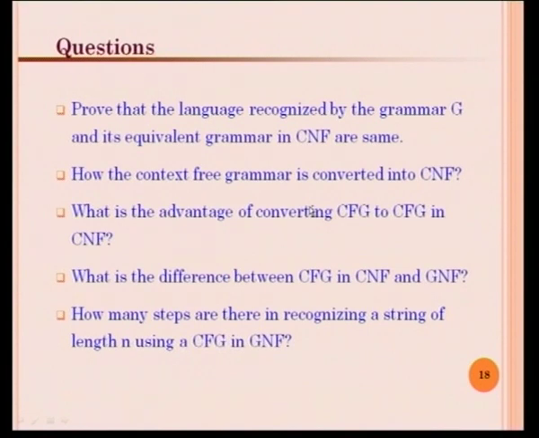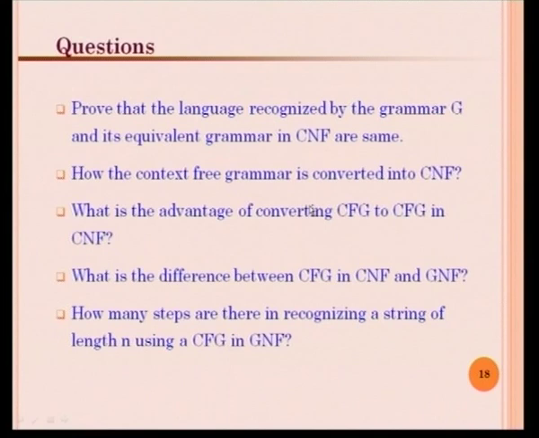The very prime advantage is the number of steps we have as far as the recognition of the languages is concerned. So you may have questions from that component also. How many steps are required for deriving a string of length L from the context-free grammar in CNF or in GNF. These are the question components as far as this episode is concerned.